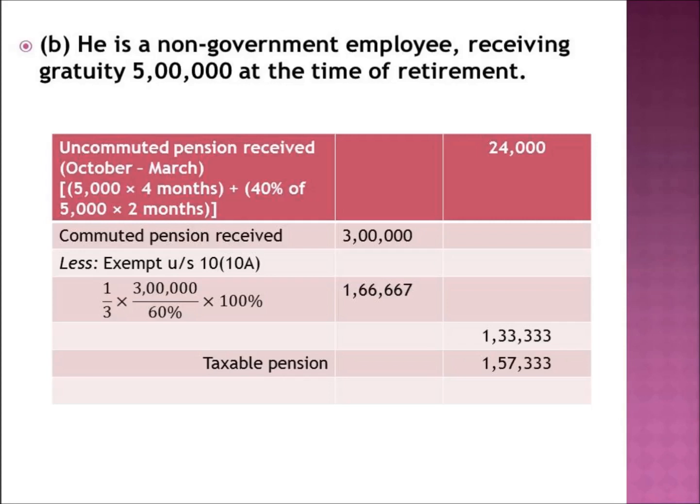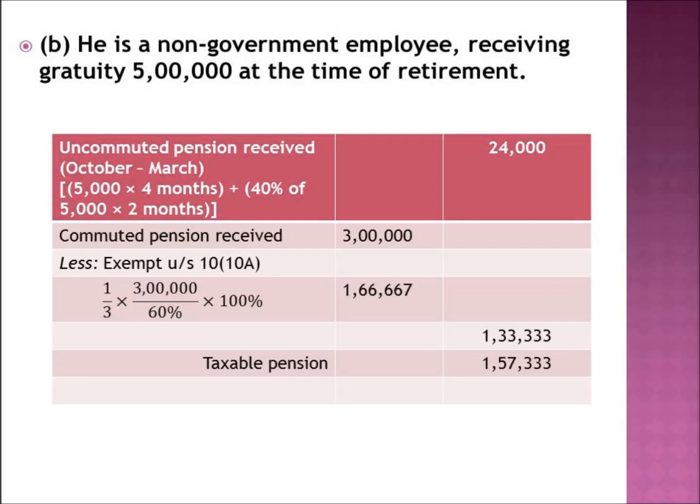So we have to calculate the value of total commuted pension had I commuted 100% of my pension. So that can be calculated by dividing 3 lakh by 60%. If we divide 3 lakh by 60%, we get the full value of commuted pension, and that is equal to rupees 5 lakh.